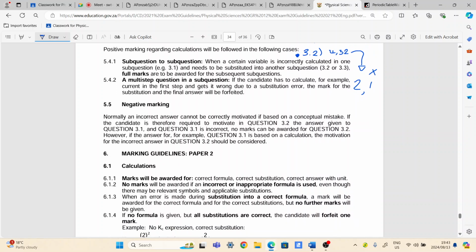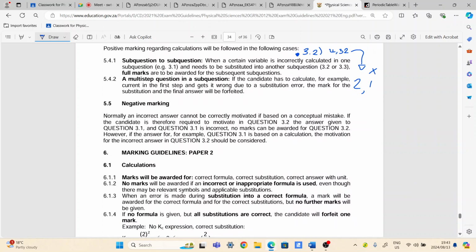Okay, and then for negative marking, it says normally an incorrect answer cannot be correctly motivated if based on a conceptual mistake. If the candidate is therefore required to motivate in question 3.2 the answer given in 3.1, and 3.1 is incorrect, no marks will be awarded for 3.2.